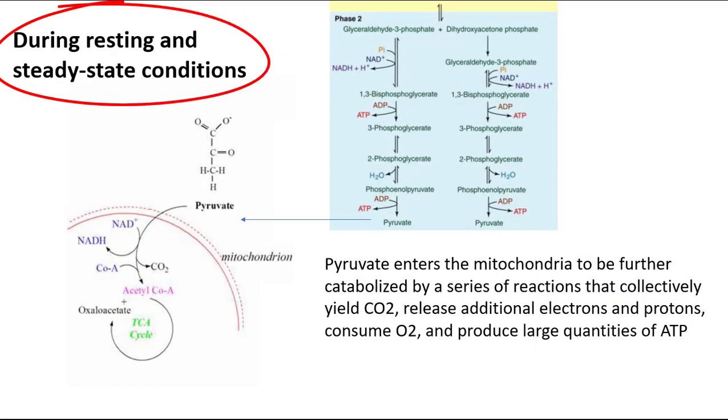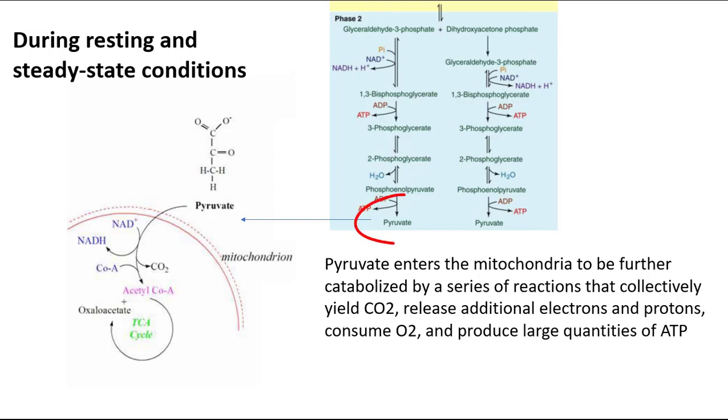During resting and steady-state conditions, pyruvate enters the mitochondria to be further catabolized by a series of reactions that collectively yield CO2, release additional electrons and protons, consume oxygen, and produce a large quantity of ATP. Simply, pyruvate during resting and steady-state conditions can be transported into the mitochondria and converted to acetyl coenzyme A to fuel mitochondrial respiration.